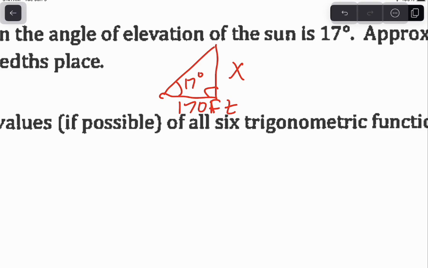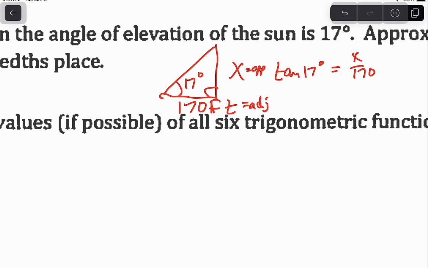It's still a tangent. The tangent of 17, because this is opposite and this is adjacent, would be x over 170. Here's the difference between those two. So maybe it's a good thing I did both. This time the 170 is what needs to cross multiply over.